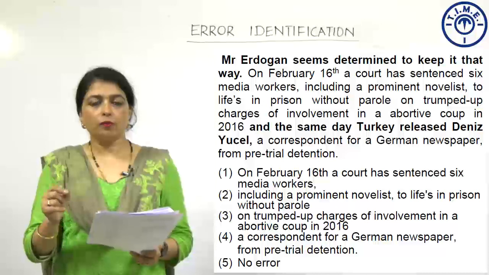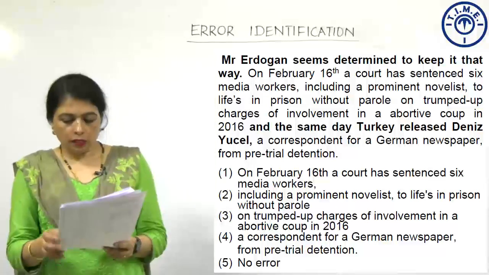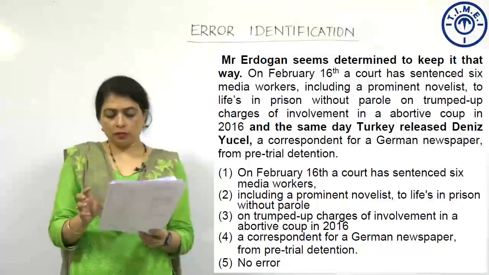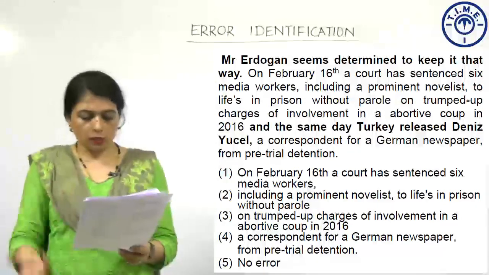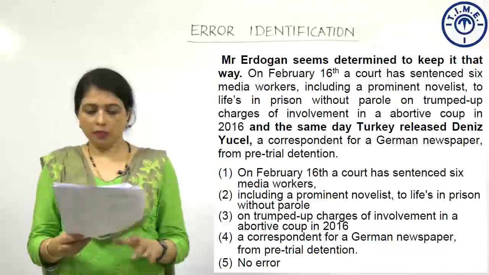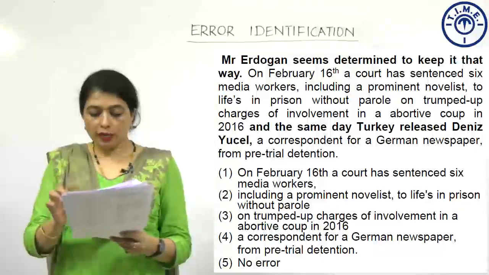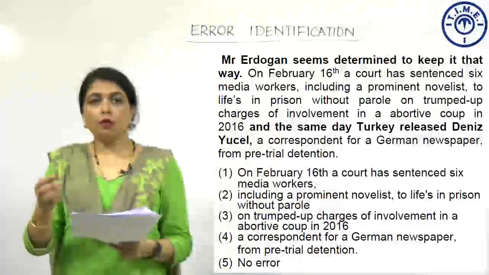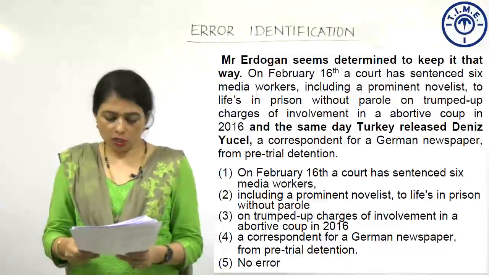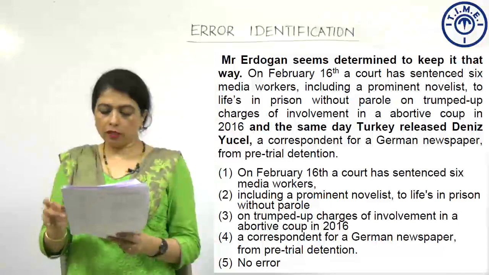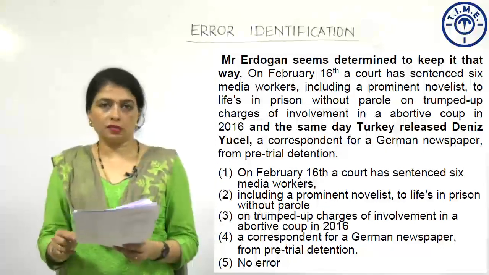Now, "lives in prison" is incorrect. It's baseless, it's meaningless, it does not give any clarity on what is being conveyed. So, it should be "to life in prison without parole" and not "lives in prison without parole". Fine. "On trumped up charges of involvement in a abortive coup in 2016."